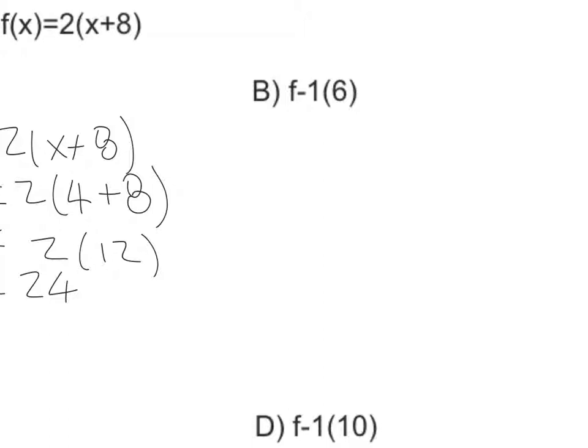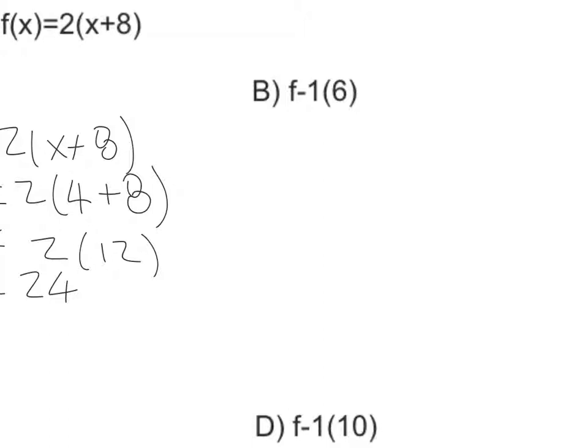This next example, it wants us to find the inverse of the equation when x is 6. And since we haven't already found the inverse equation, we want to try and solve this without solving for the inverse equation, just so that we can save a bit of time.